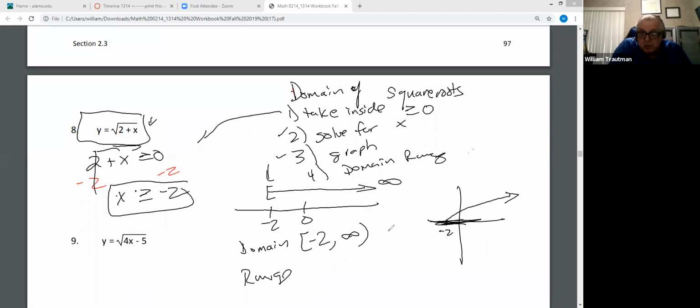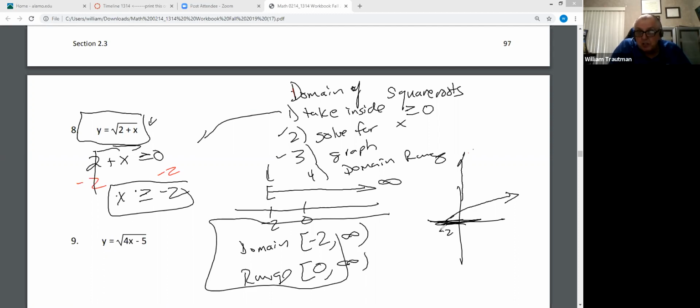Do you see the lowest part of the graph will always be at 0? And then it's going up, up, up to infinity. Square root graphs always look like this. They start at the point here, -2, and then they go up and to the right.